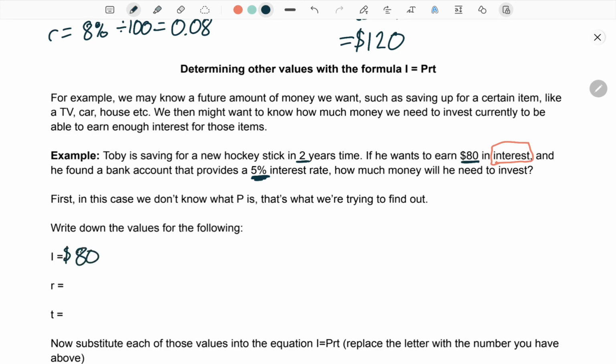All right, the R, well, that's the interest rate. So that's going to be the same as before, so 5%. If you divide that by 100, well, that would be 0.05. And the last one, T is 2 years, so we don't have to do any conversions with that. We can just write it as 2.